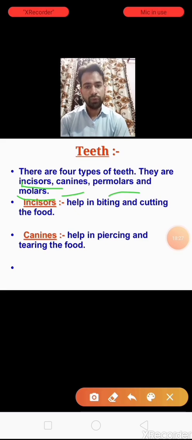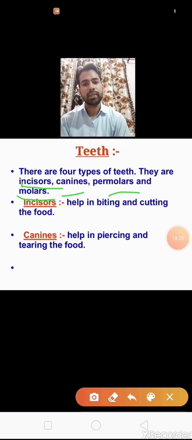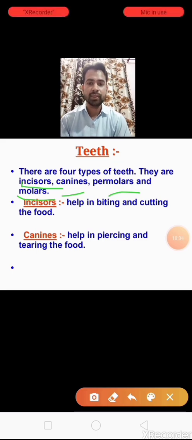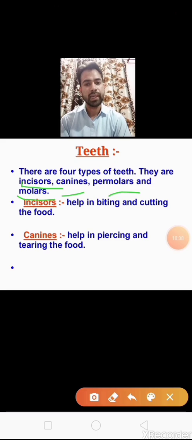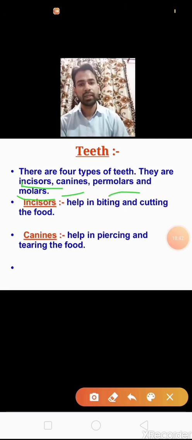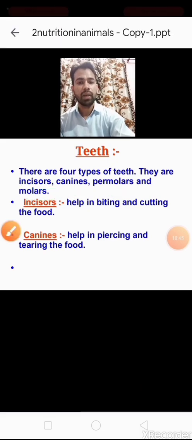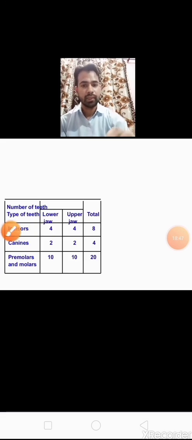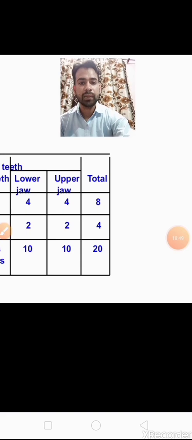Okay, so the 4 types of teeth that are found in humans are incisors, canines, premolars and molars. Okay, clear? See the number and type of teeth in this chart.